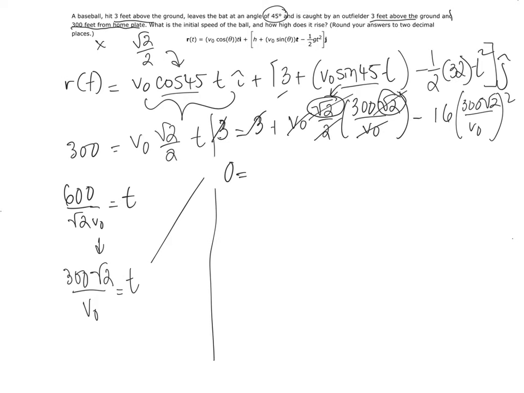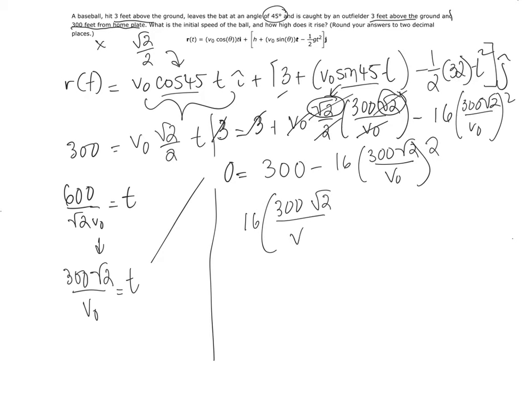So you get 300 minus 16, 300 v naught, and then squared. And then you can bring the negative to the other side. So you have 16, 300 v naught equal 300.